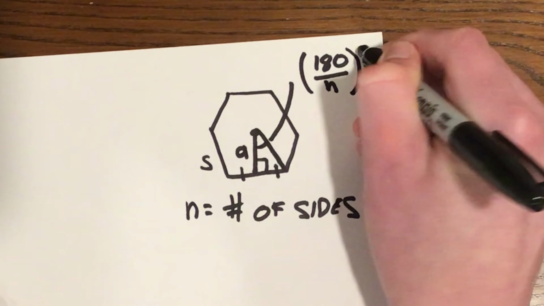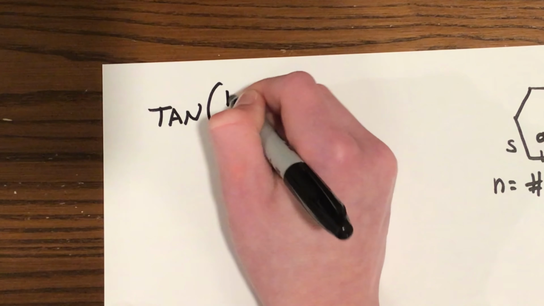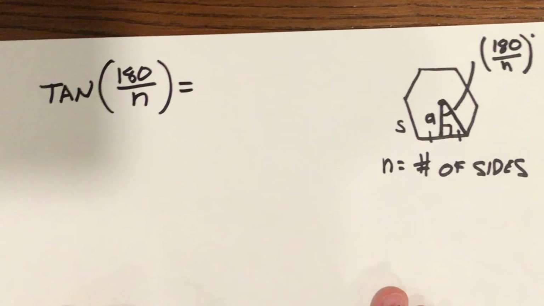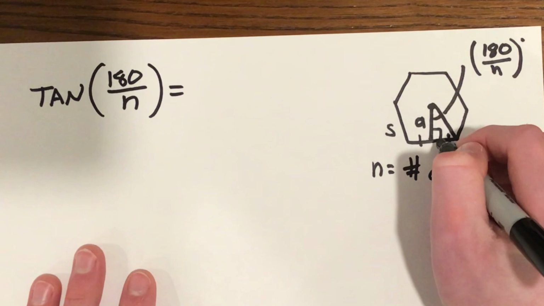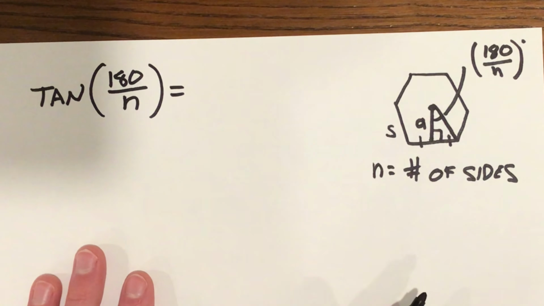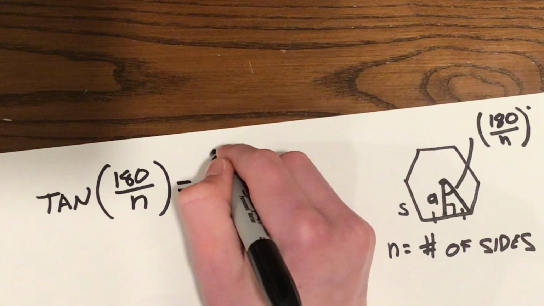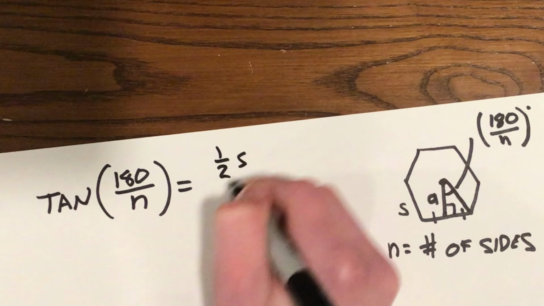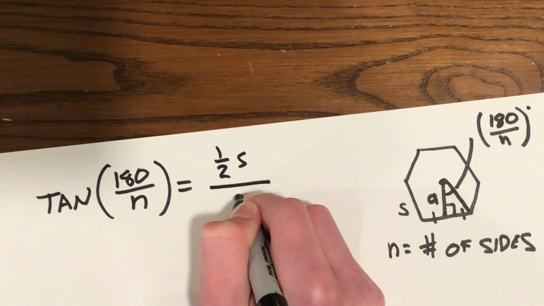The tangent of this angle in degrees is equal to the opposite side of the right triangle over the adjacent side of the right triangle, which means that the tangent is 1/2 s over the apothem.